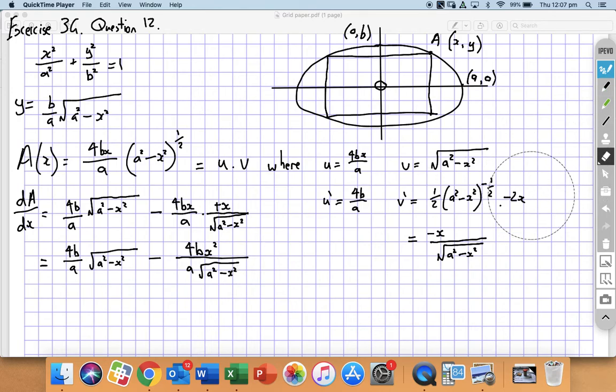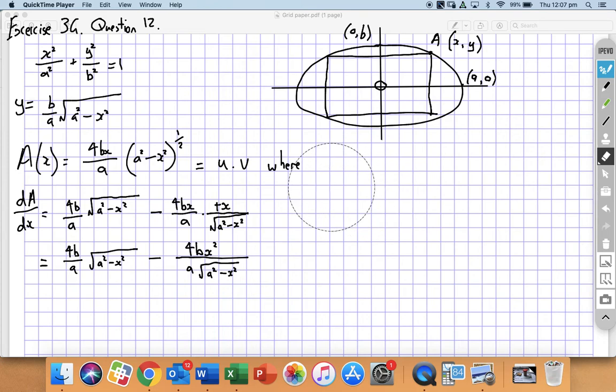Okay, now this next bit I guess is somewhat optional. I'm going to make all this equal to 0, and I'll do it in a certain way, but there's a few different directions you could take with this, right?